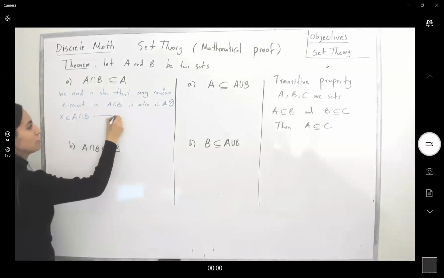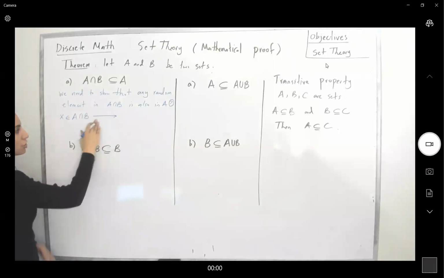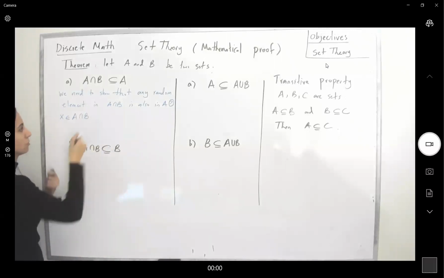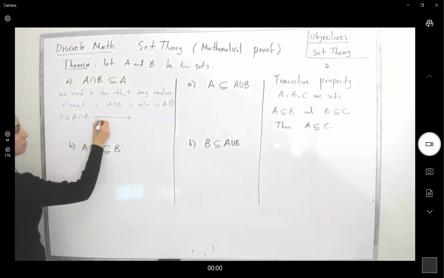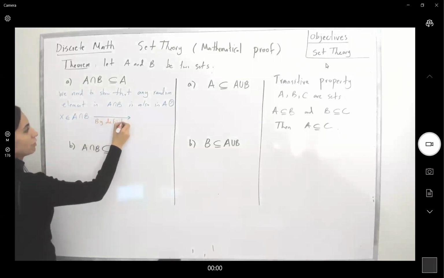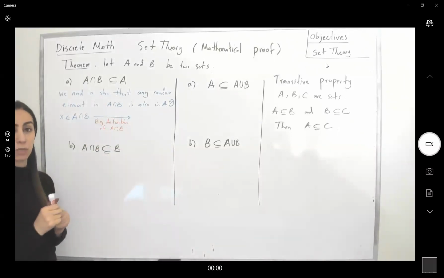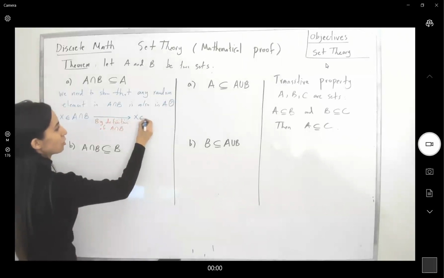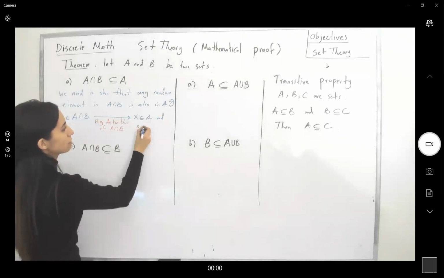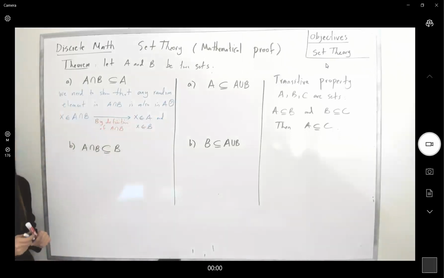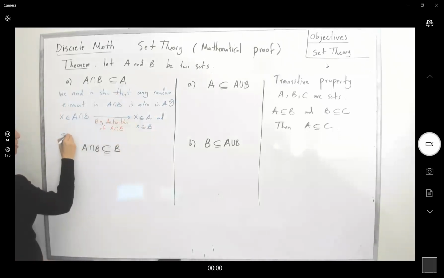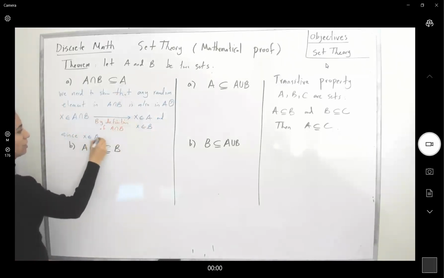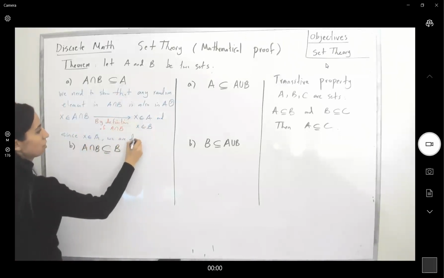By definition of the intersection, X belongs to A, and X belongs to B. So X is in A, yes. Since X belongs to A, we are done.